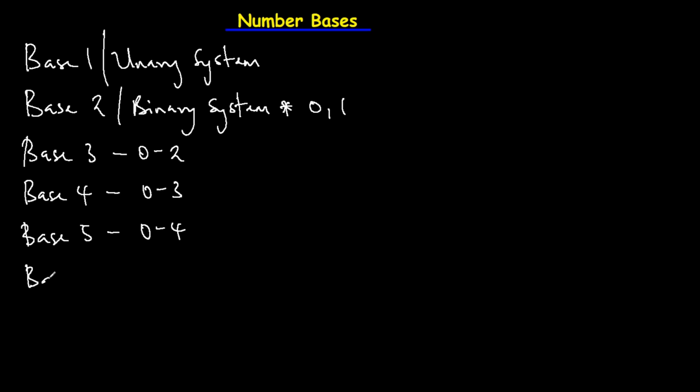Then we have the base 6 system, which uses digits 0 to 5 to form numbers. Next, we have the base 7 system, which uses digits 0 to 6 to form numbers.